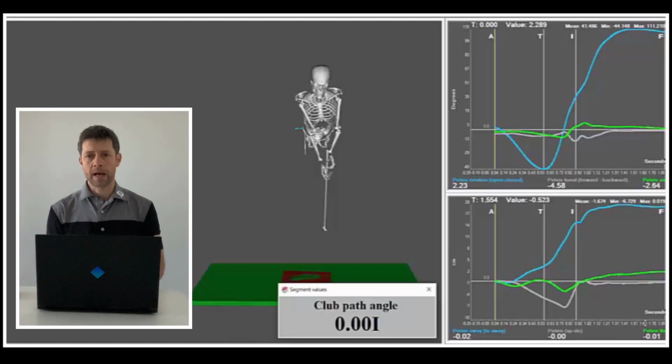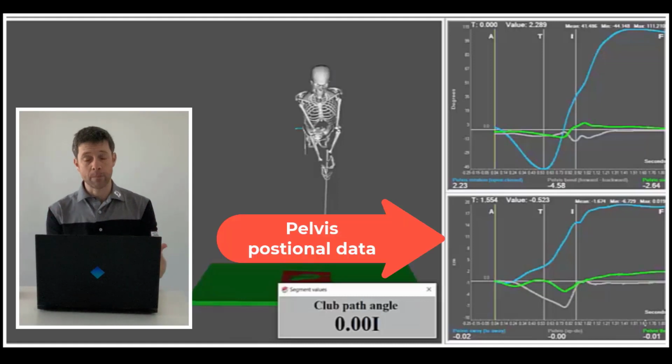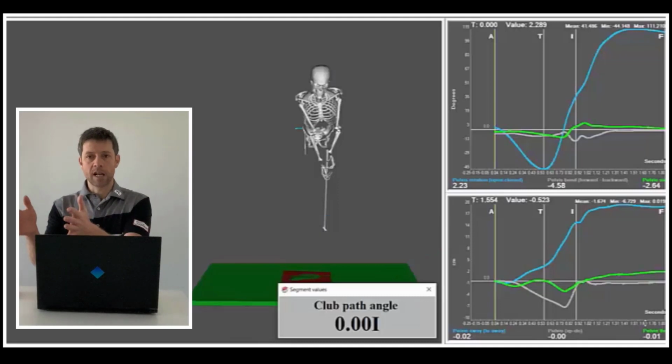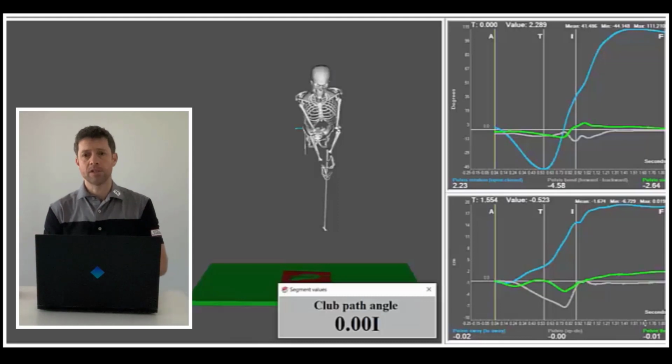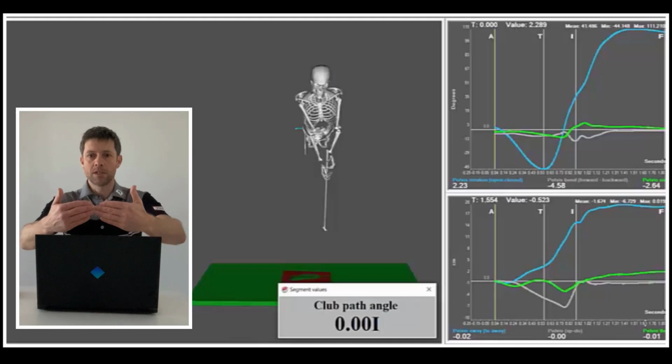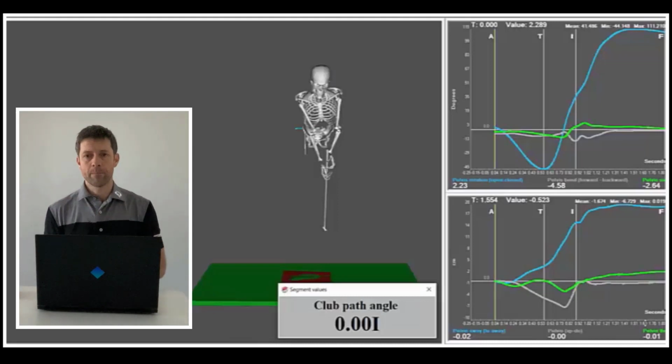And then as shown by the arrow beneath, we have the position of the pelvis. Again, the real plots of interest will be the blue plot, which is the lateral sway, the movement along that frontal plane, the sway value of the pelvis. And then we have the green plot, which is the forwards and backward thrust, so the movement towards, the movement away of that pelvis.